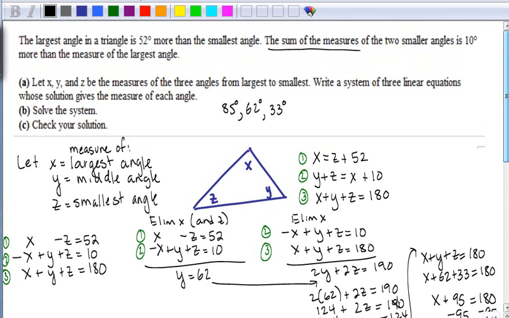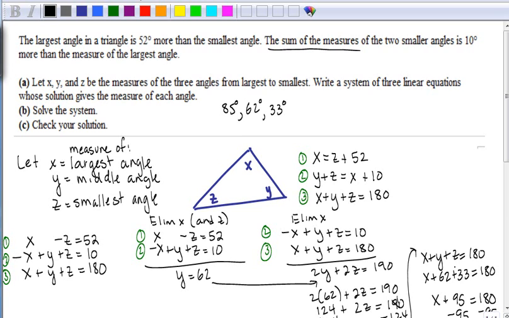Now if you scroll back up and do part C and check your answer, let's see. Well, we do know that they all add up to 180 degrees. You can check that on your own. I used that there to find that, so I know that that is true. I do know that x is the largest, y is the middle, and z is the smallest, so that's good.